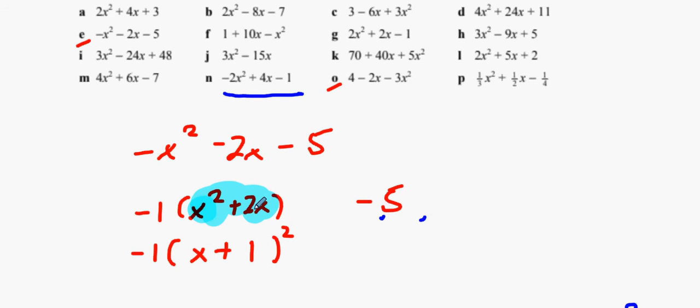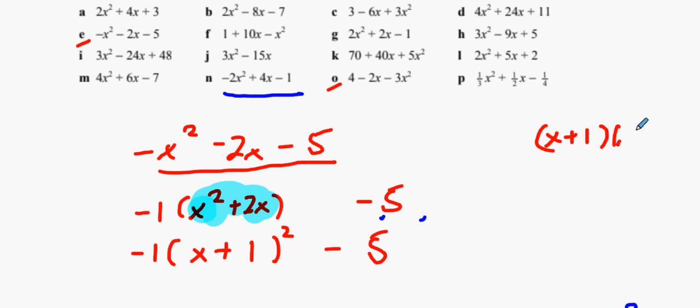It's only half the number, it's not actually half the x as well, so it's just the number that comes in front of the x, okay? Now we're going to multiply this out, and we're going to see how it matches up with the original. What is x plus 1 multiplied by x plus 1?